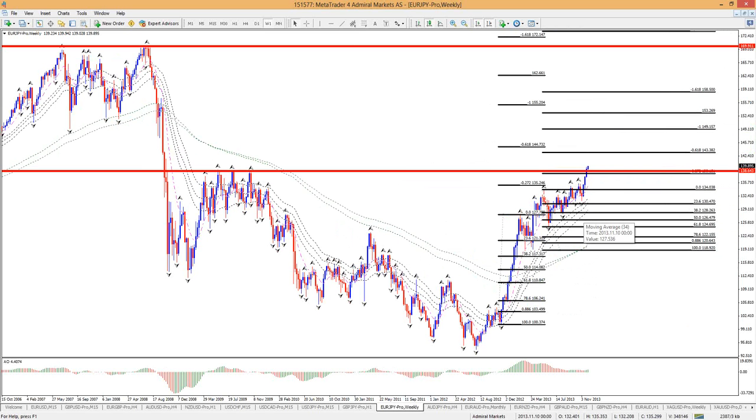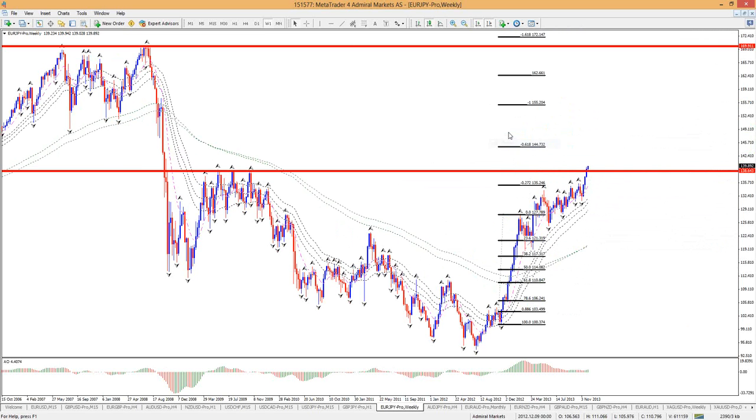Like that. Here too, more or less a bit of a confluence between those. But the bigger fib is the most important.